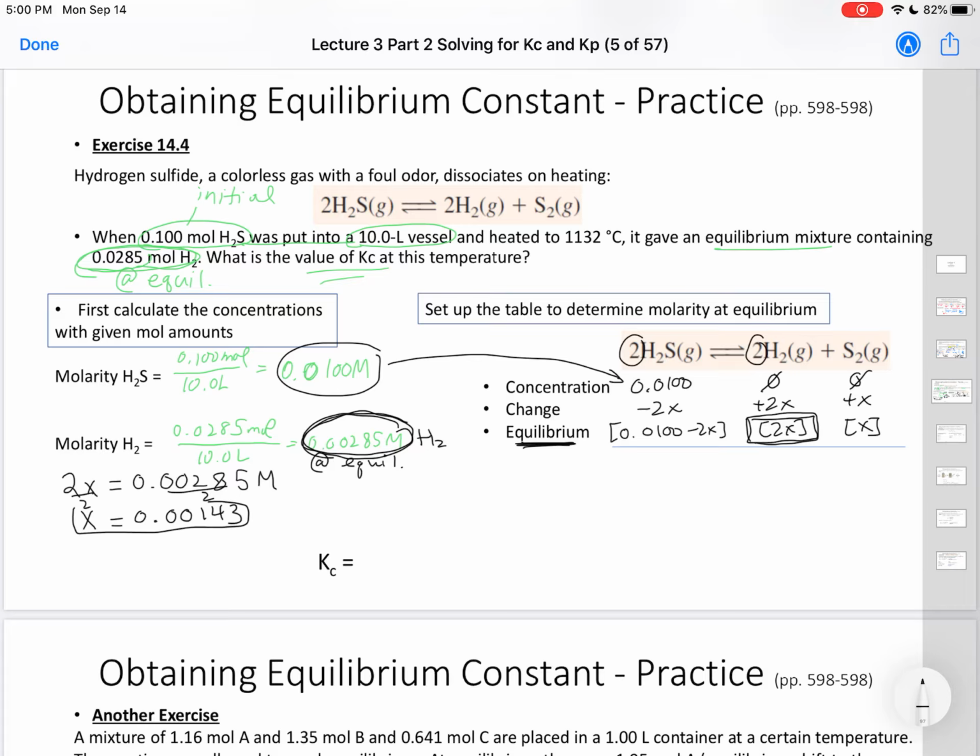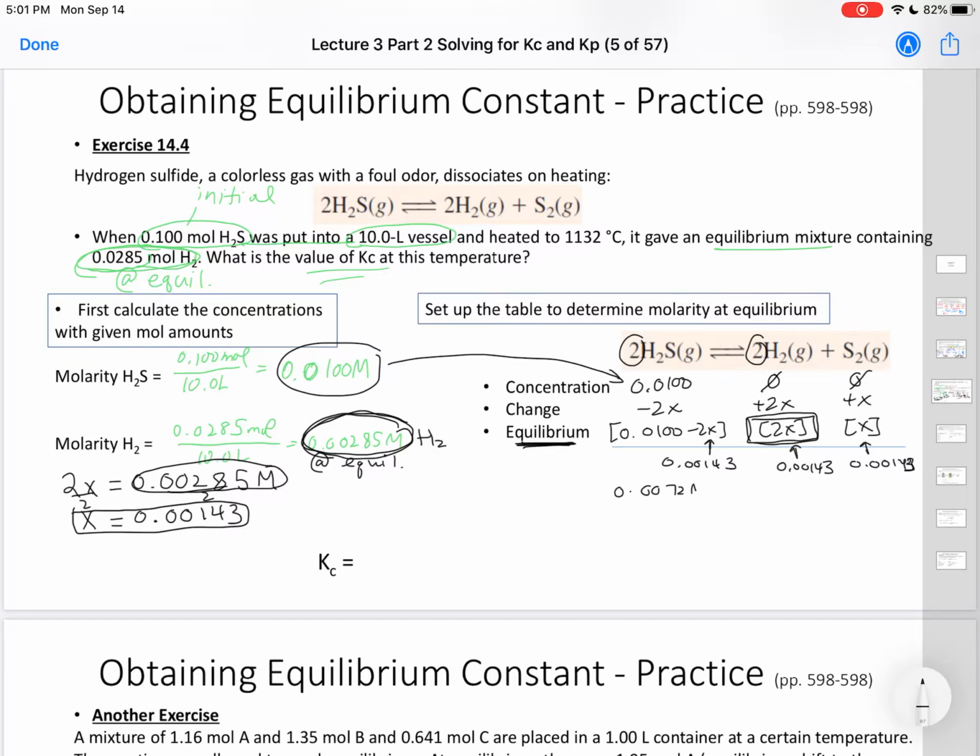I get that. So now that I have x, I'm going to plug it into here. And I'm going to plug it into here. And you can plug it into here as well, although you already know what that is. It's already the 0.00285. So doing that, I'm going to get three numbers.